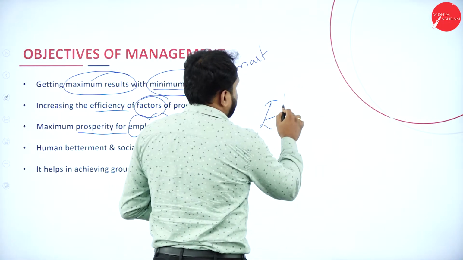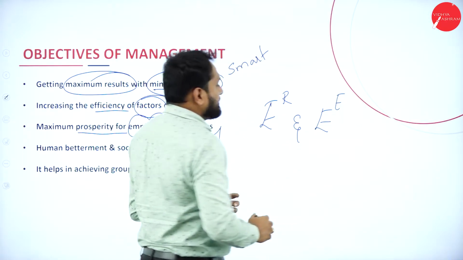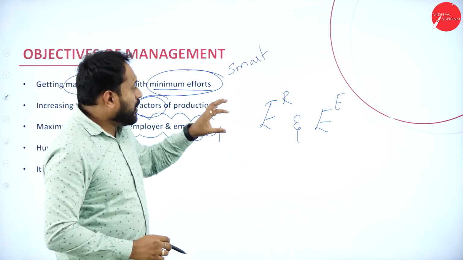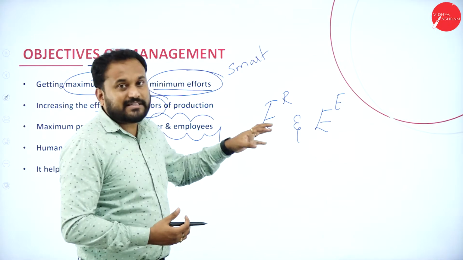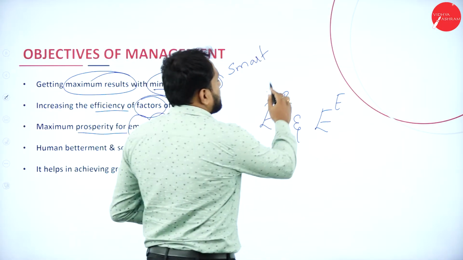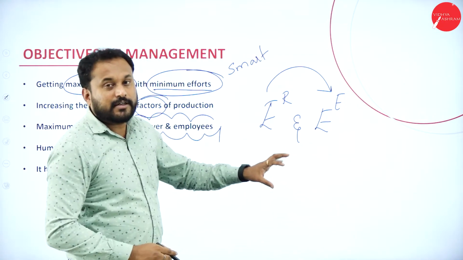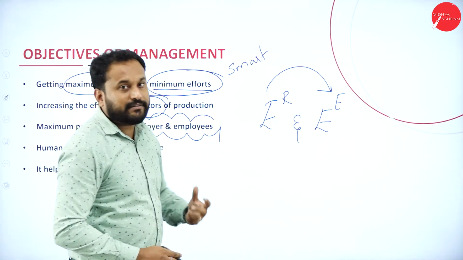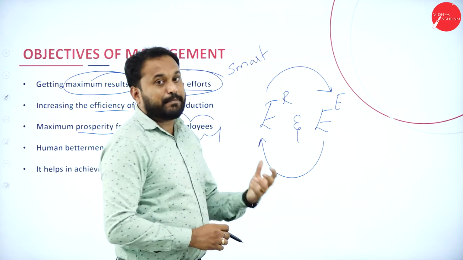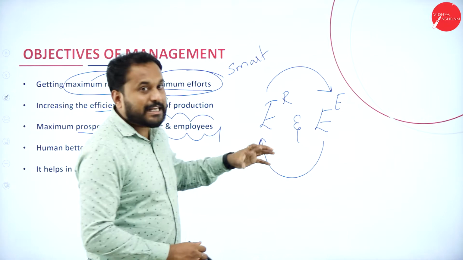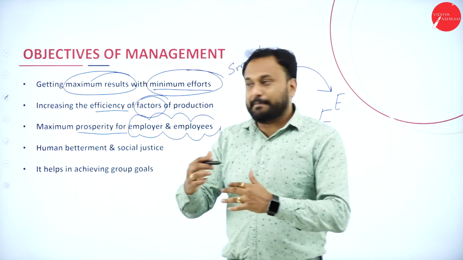The employer should always see to it that the employees are good, because when employees are good, they will go with more productivity. When they go with more productivity, the employer is happy. So there is prosperity between employer and employee, and that relation should be maintained.